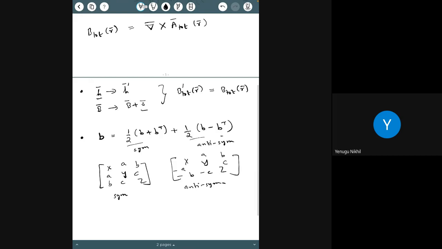And then if I calculate this anti-symmetric part, I can identify it with the curl of the total field. So let me see.